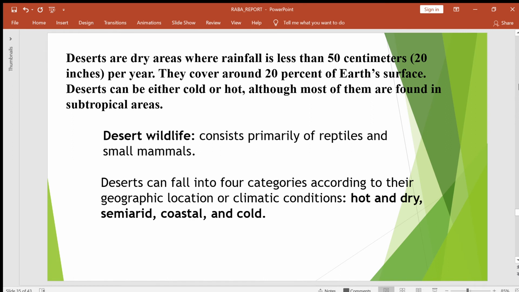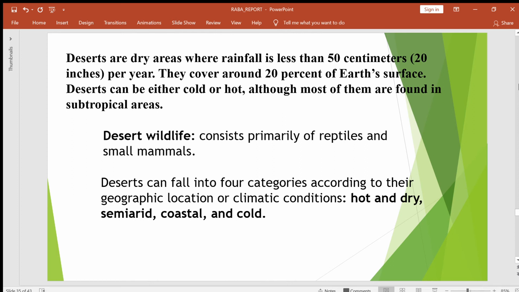Deserts are dry areas where rainfall is less than 50 centimeters per year. They cover around 20% of Earth's surface. Deserts can be either cold or hot, although most of them are found in subtropical areas.